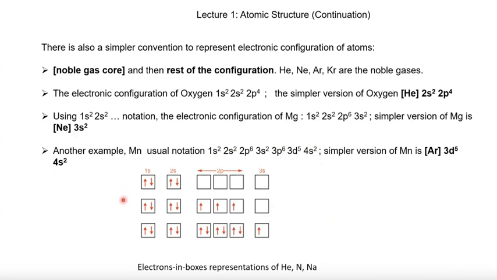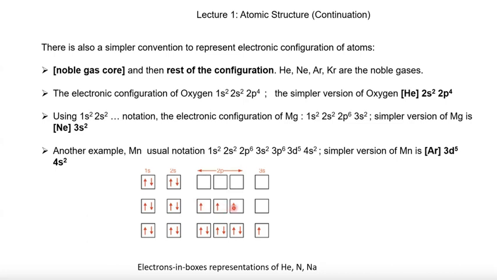Here is an electron in boxes diagram. If you remember, we said if there are 2 or more orbitals in the same energy level, like 2p, which has got 3 orbitals, then electrons fill first with the same spin in every orbital, 1 each.